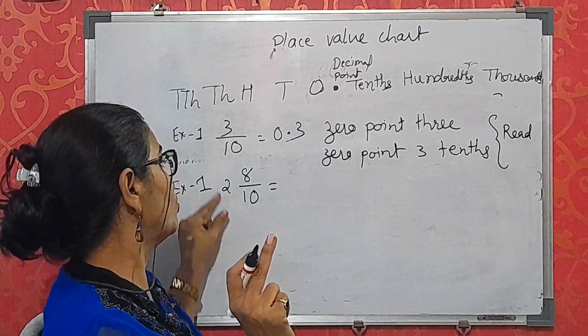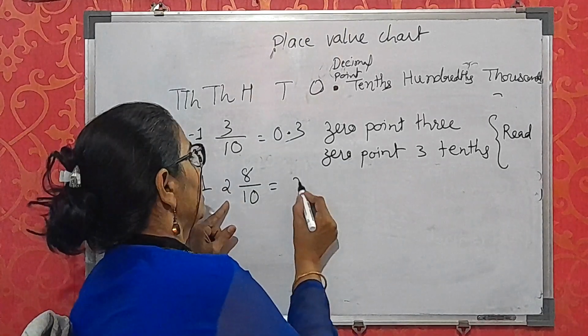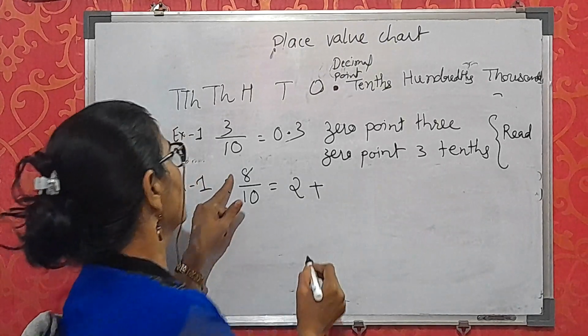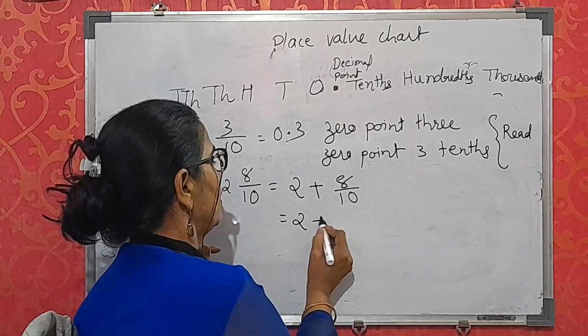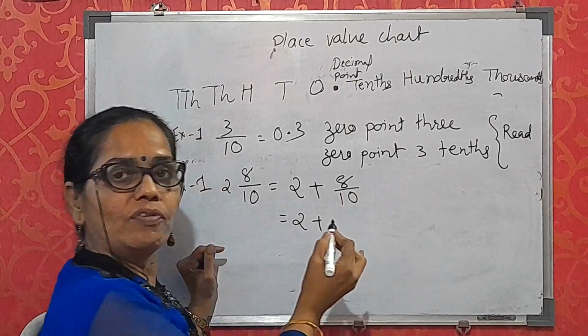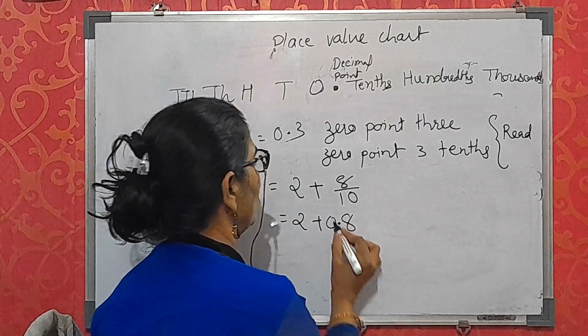So I will do this way: 2 plus 8 upon 10, which is equal to 2 plus the decimal form of 8 upon 10, which is 0.8.